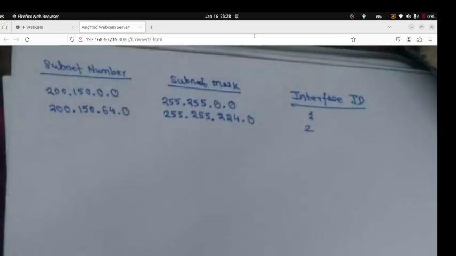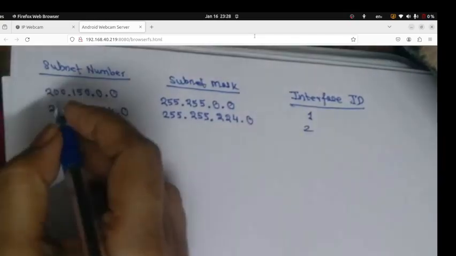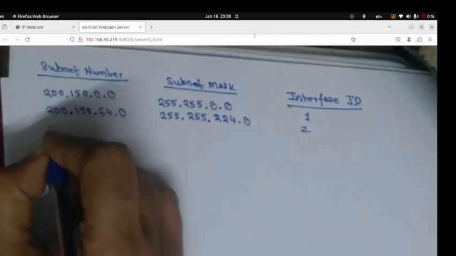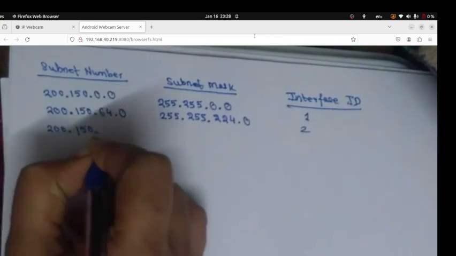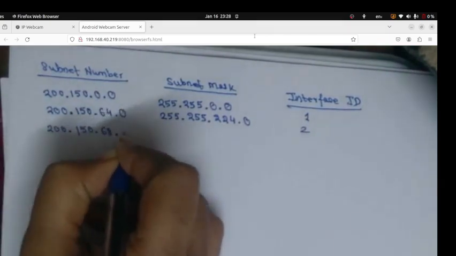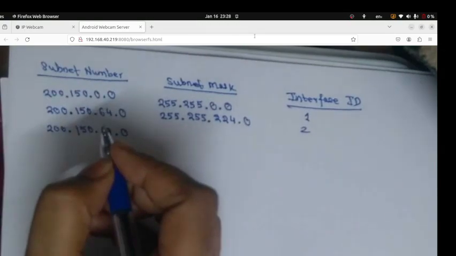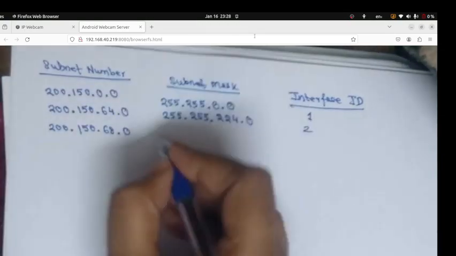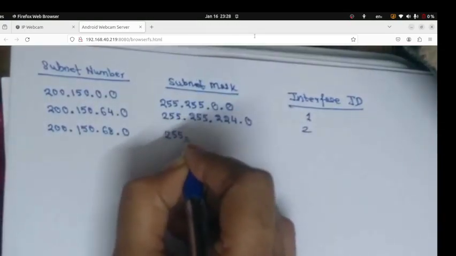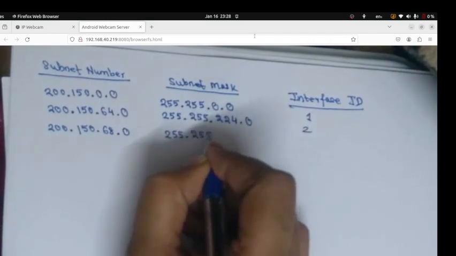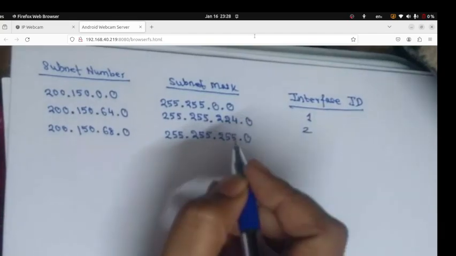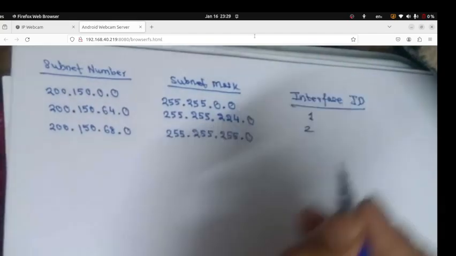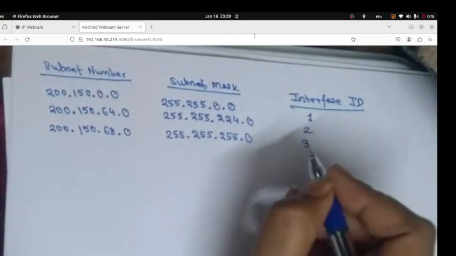The third entry in the routing table: the subnet number is 200.150.68.0, the subnet mask is 255.255.255.0, and the interface ID is 3.